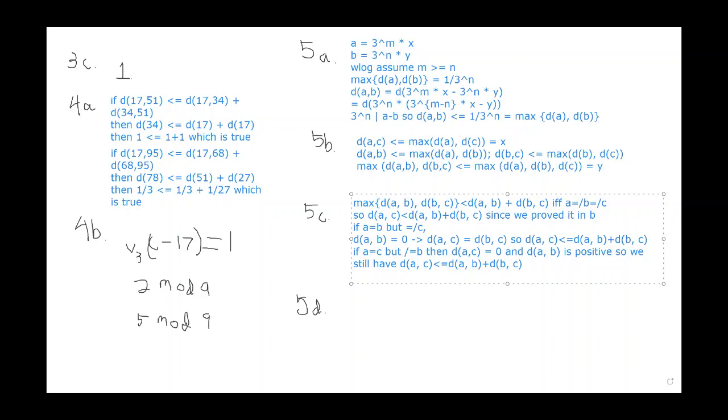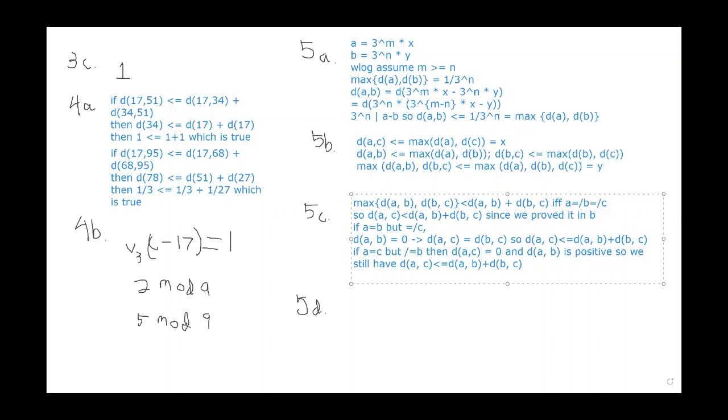Correct. If A equals C but not equal to B, then d of AC equals 0 and d of AB is positive. So okay. Very good.